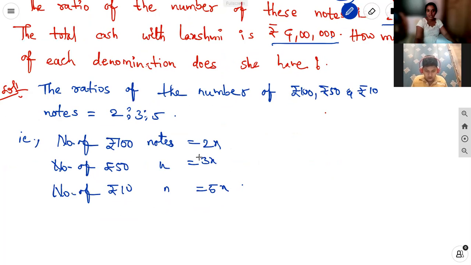So what is the total amount? 4 lakh. The number of notes 2x is multiplied with 100, 3x multiplied with 50, 5x multiplied with 10.